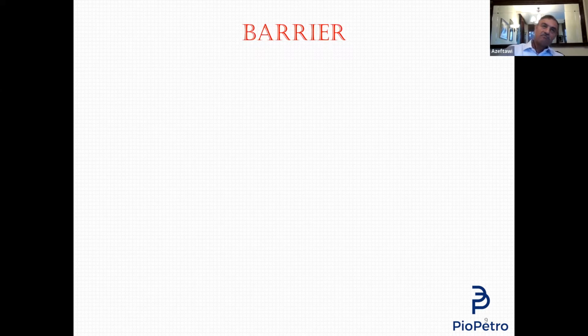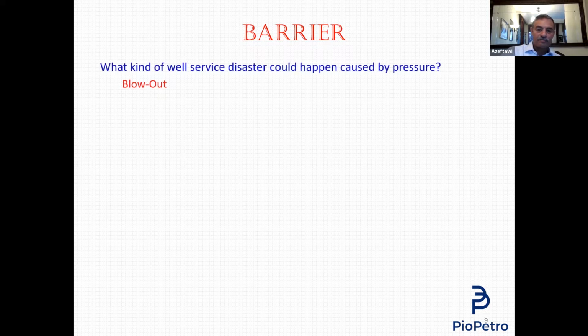Last lecture, we started talking about the barrier. Just to recap, what kind of well service disaster could happen and be caused by pressure? It's a blowout. A blowout is, by definition, uncontrolled pressure. And the word pressure is what makes disaster in the oil field.